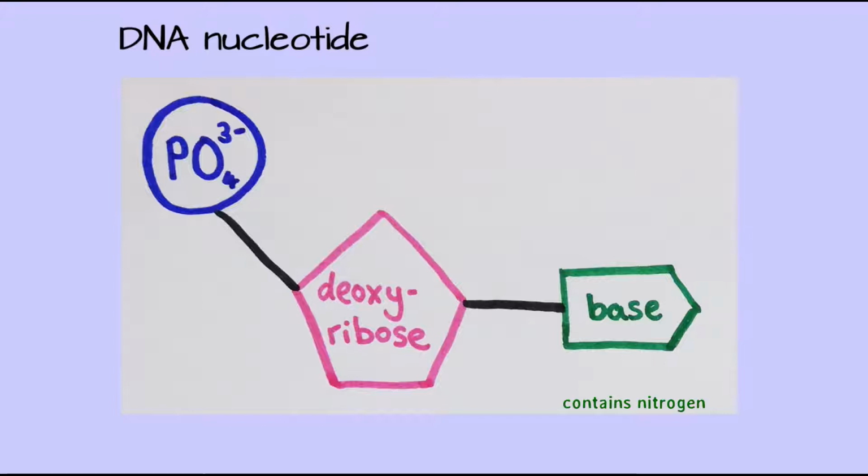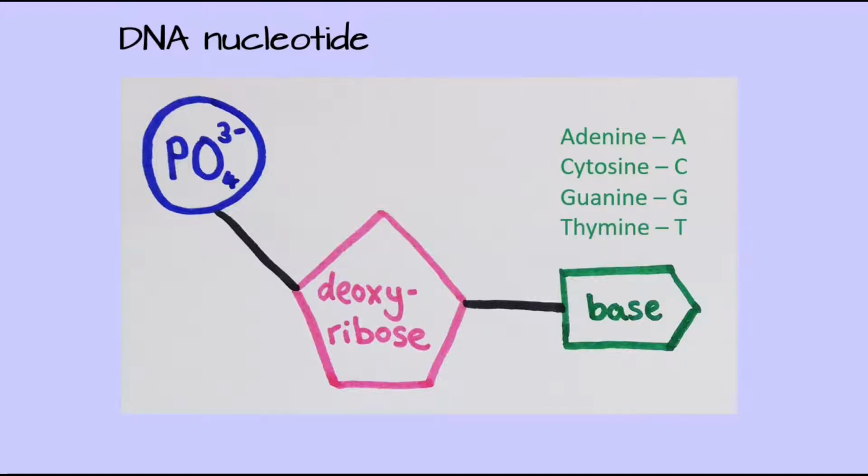A base is a nitrogen-containing group of atoms. There are 4 different bases: adenine, cytosine, guanine, and thymine, abbreviated to A, C, G, and T.